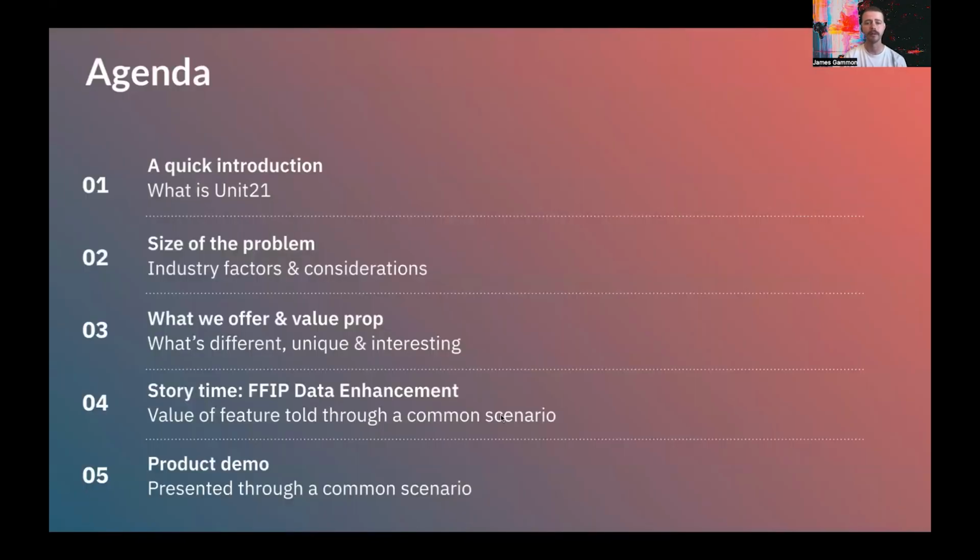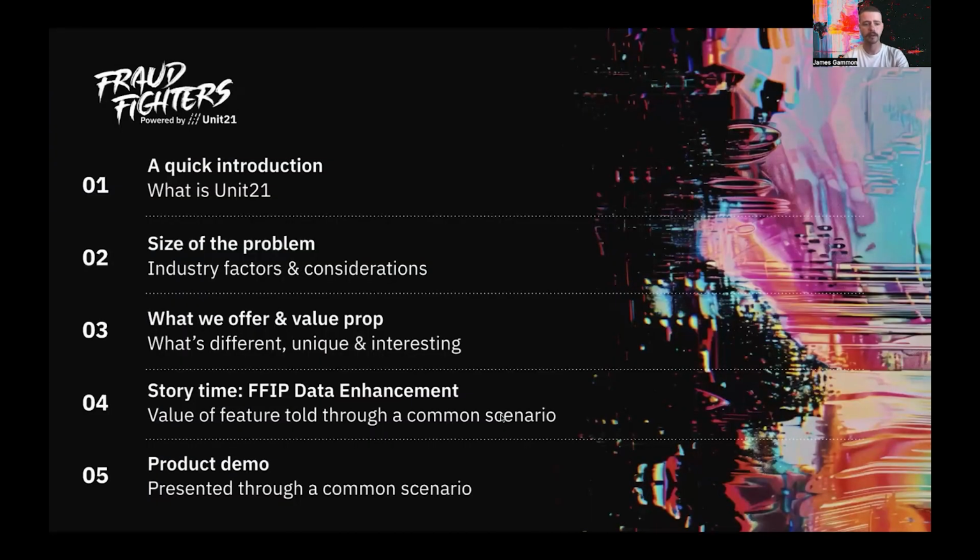So let's jump into this little agenda that we've written up for you. We're already in the midst of it, but we're going to do a quick introduction. We're going to address the quote unquote size of the problem that FFIP will solve. We want to talk about the product itself and how it will provide your teams value.